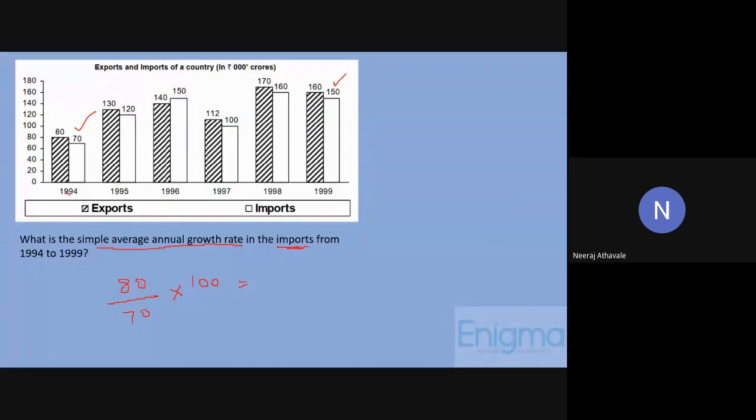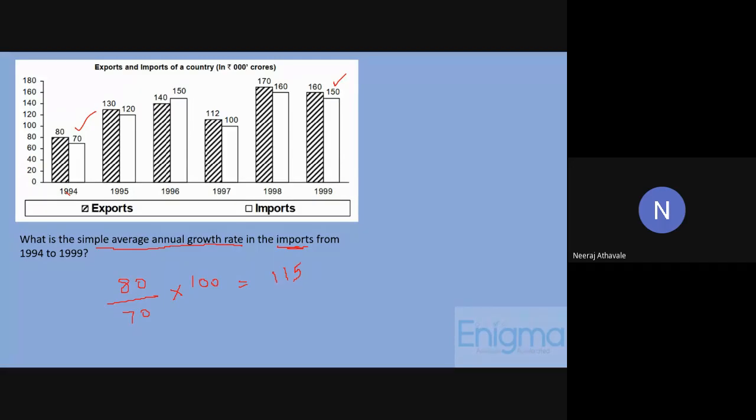So what would this percentage change be? 80 upon 70 into 100. It would be 114 approximately. We can approximate it to 115.